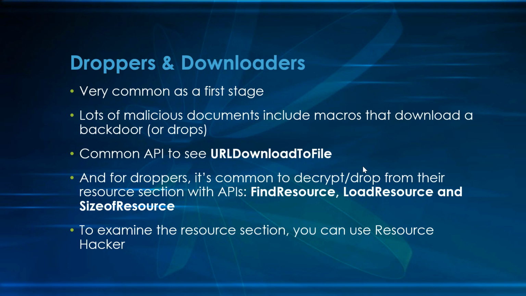We see this type of downloader over and over again. We also see malware that is actually just a downloader for another malware, an executable .exe file that downloads another malware, installs it, and then deletes itself.